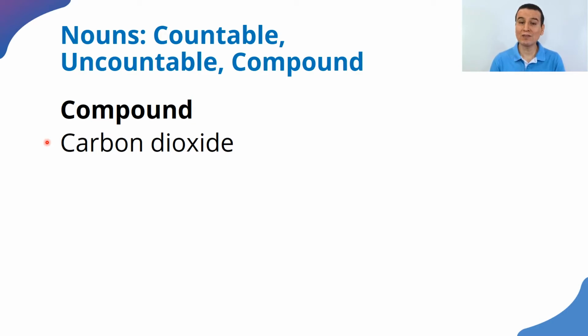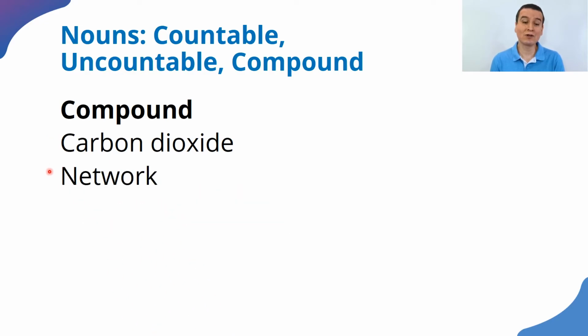And the important thing about compound nouns is that they are considered a single unit. Means that we cannot talk about just carbon separated from dioxide or dioxide separated from carbon. They are all considered a unit, right? So carbon dioxide is, for example, or carbon dioxides are, if that exists.